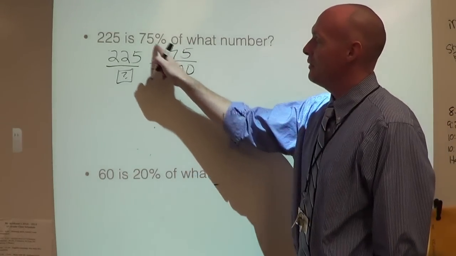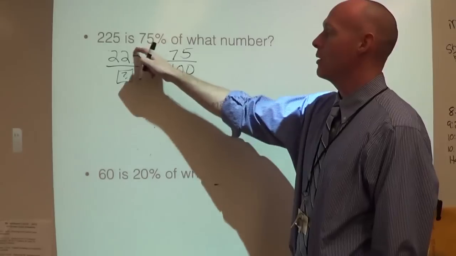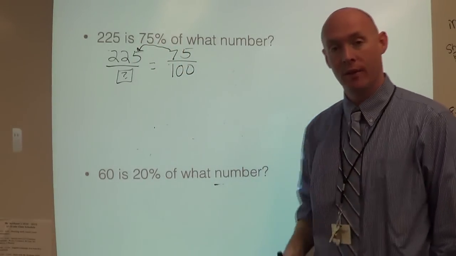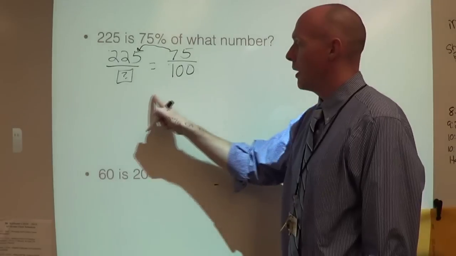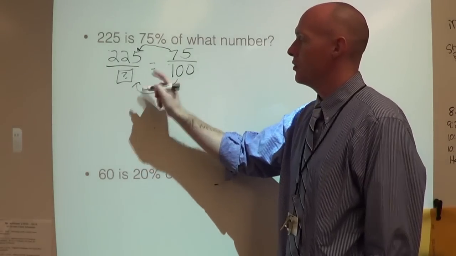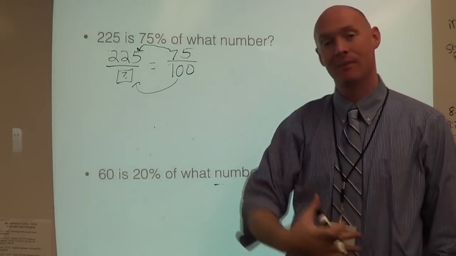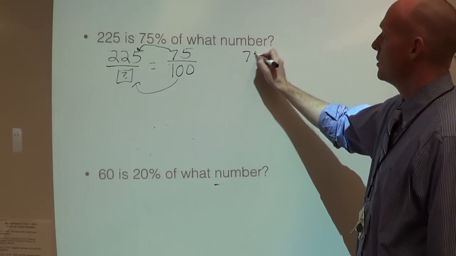So, 75 to 225, how do I get there? Well, first thing I see is that we are going up. So therefore, we are multiplying. So whatever we do there, we have to do to the 100. I don't know my 75 facts, so I'm just going to guess, and I'm going to guess that it's 3. So let's see. 75 times 3.